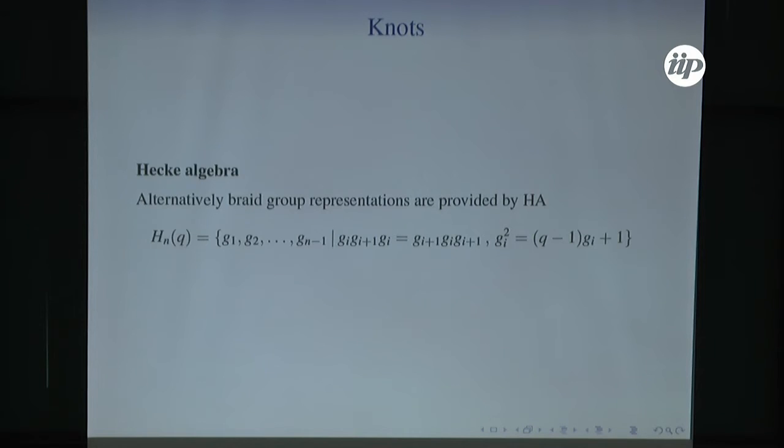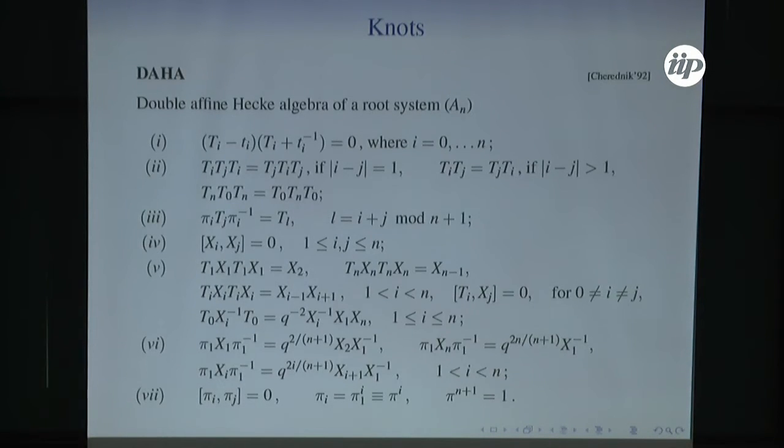And one more recent example that I would like to mention is the double affine Hecke algebra. This is an extension of the Hecke algebra that introduces spectral parameters. There are a number of generators. It is based on the fact that the braid group is equivalent to the Weyl group of certain simple Lie algebras.